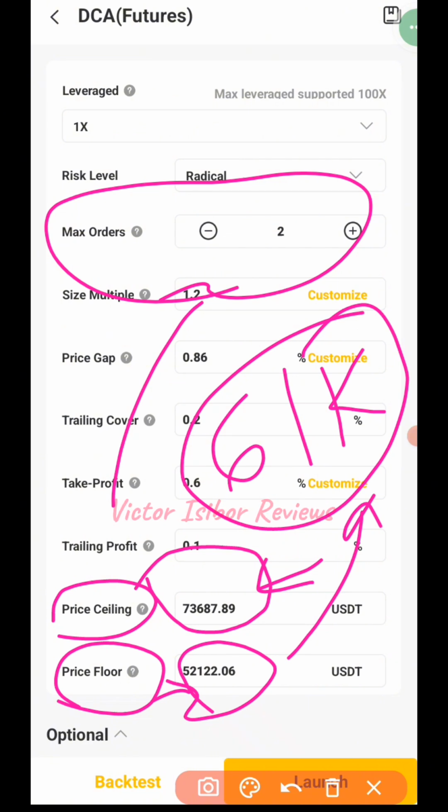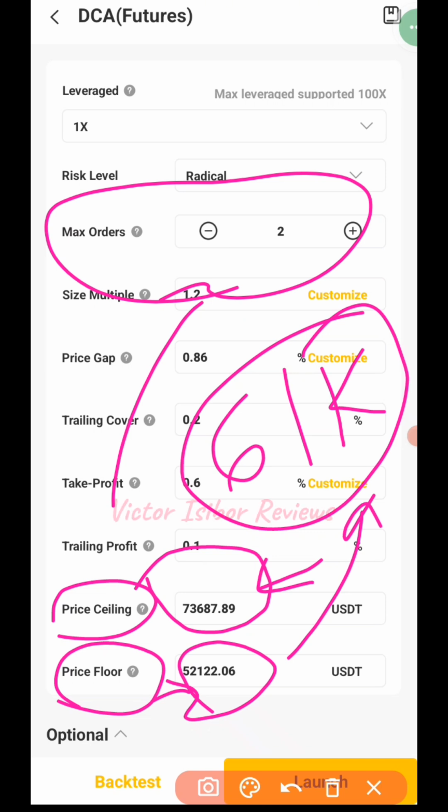So if the price goes above 73,687, as a risk control measure, even if you have a pending order, the bot will not go into the market, because it will be too risky for the bot to buy Bitcoin and trade it for you when it is above the price ceiling. It will put your account in danger.